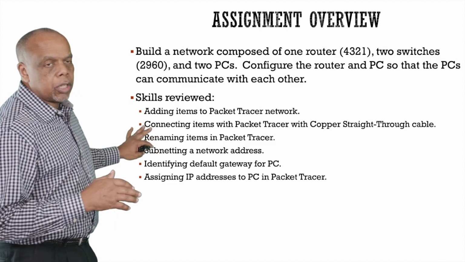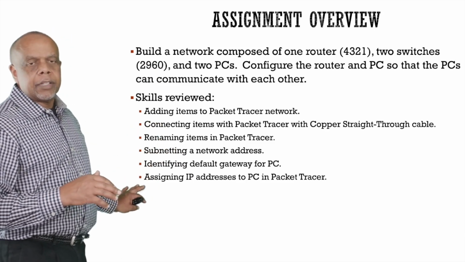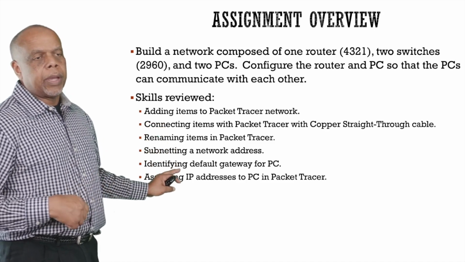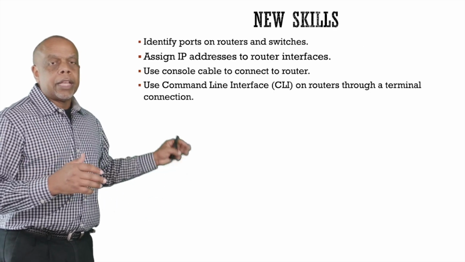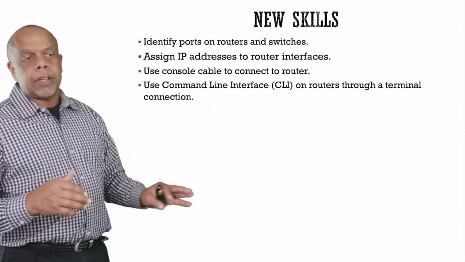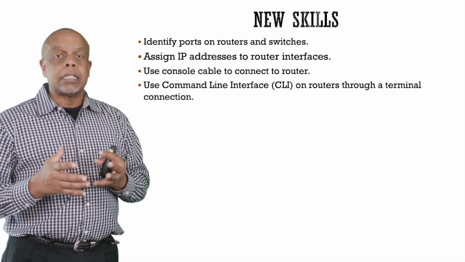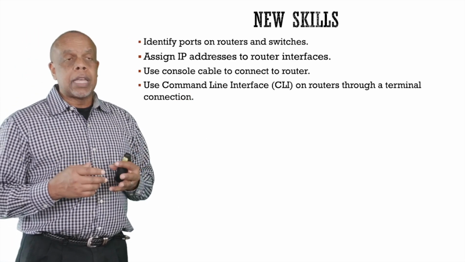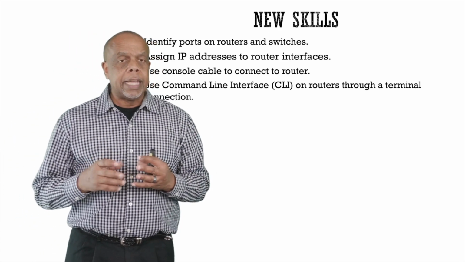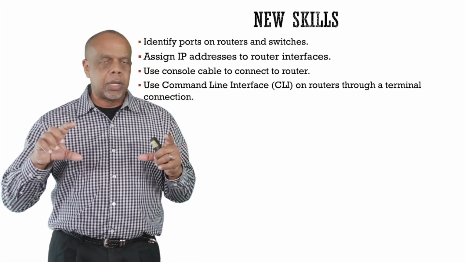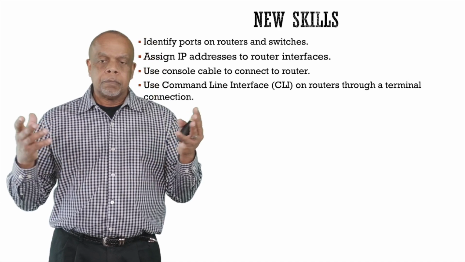Now, some of the skills you're going to review, some of the things that we're going to cover: how to subnet, how to identify gateways, your default gateway on your PC, how to connect Packet Tracer with a straight through cable, as well as some of the new skill sets of identifying ports on routers and switches, and how to connect up a console cable. And what this console cable is for is that day to day, if you look at a typical router, like your router at home, it doesn't have a keyboard, mouse, or a monitor.